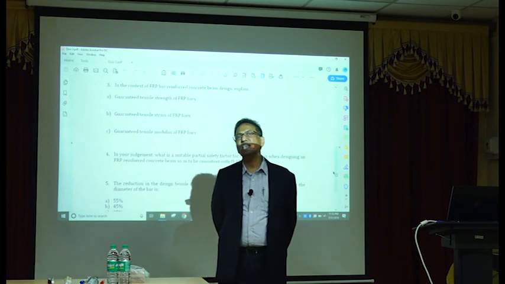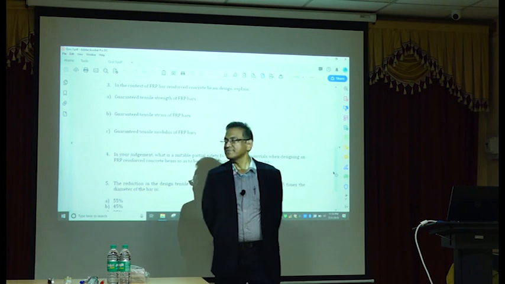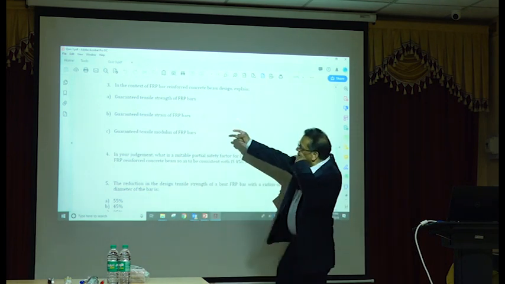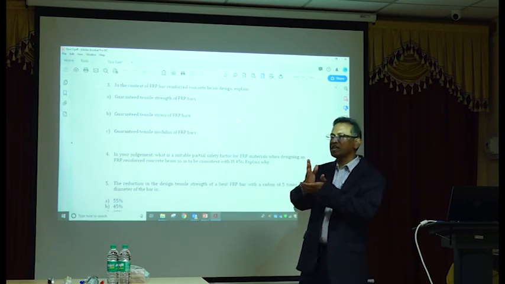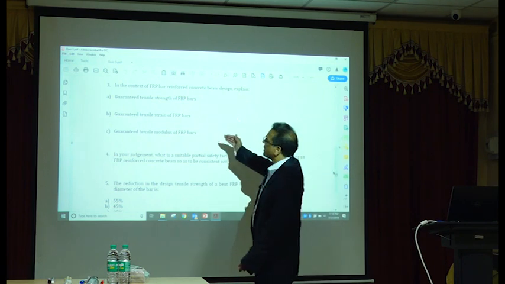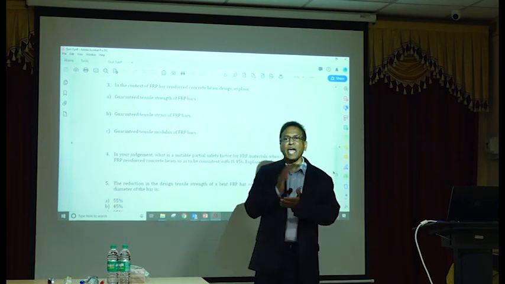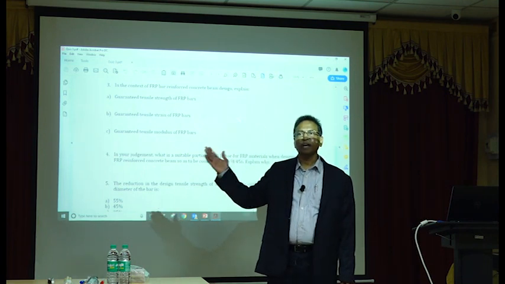So if it is less than that, you may have to adjust your standard deviation a little bit. Okay, what about the tensile strain? Same thing. Guaranteed tensile strain equals average tensile strain minus 3 times standard deviation. What about modulus? Guaranteed modulus is equal to average modulus minus 3 times sigma, right?